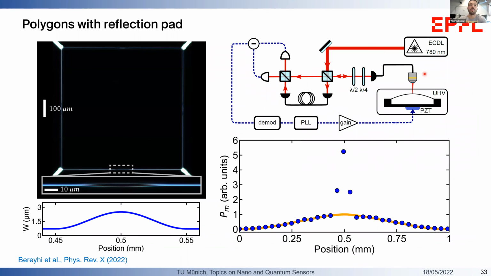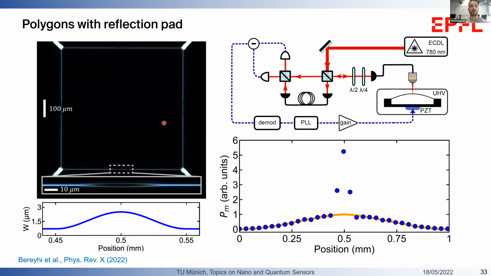A drawback of this nanomechanical polygon structure is that you generally have low displacement sensitivity, because you get low reflection efficiency when you focus light on one of the branches for recording the displacement of the oscillator. Typically the width that we need for a high Q resonance is in the range of 200 nanometers, which is very sub-wavelength.